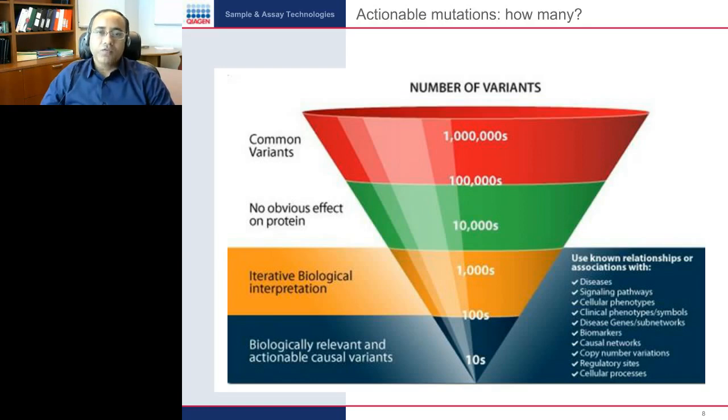And if you look for the mutations which are associated with, let's say, disease or signaling pathways or biological processes, in reality they number somewhere around hundreds. And when we are talking about actionable mutations, they are in fact even fewer. They are even less than a few hundred.